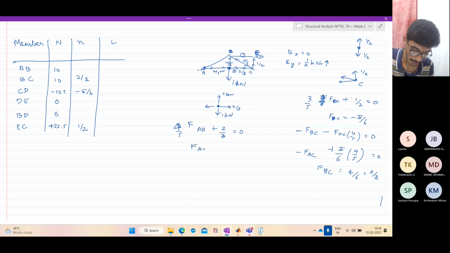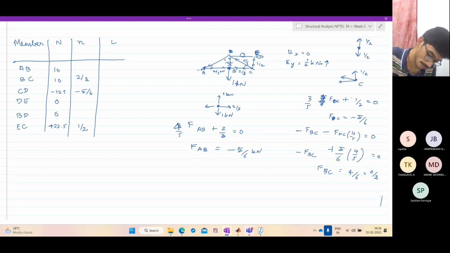So FAB is equal to minus 5/6. So this is also under compression, 5/6.